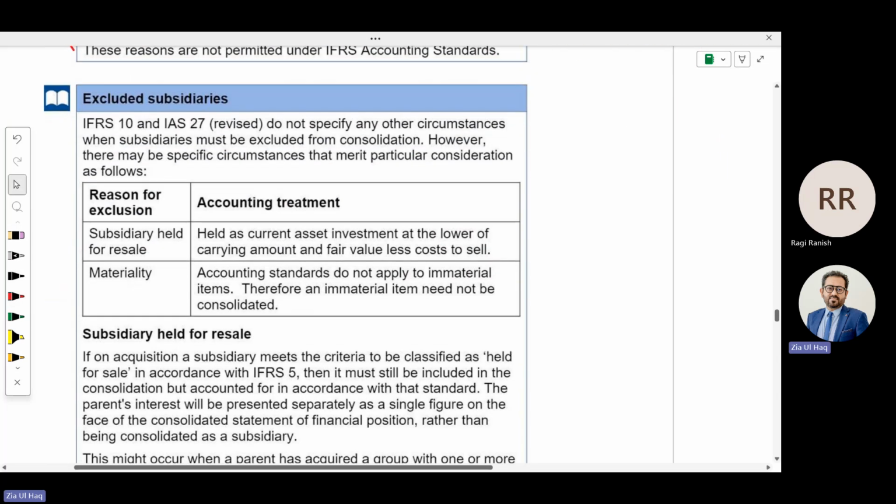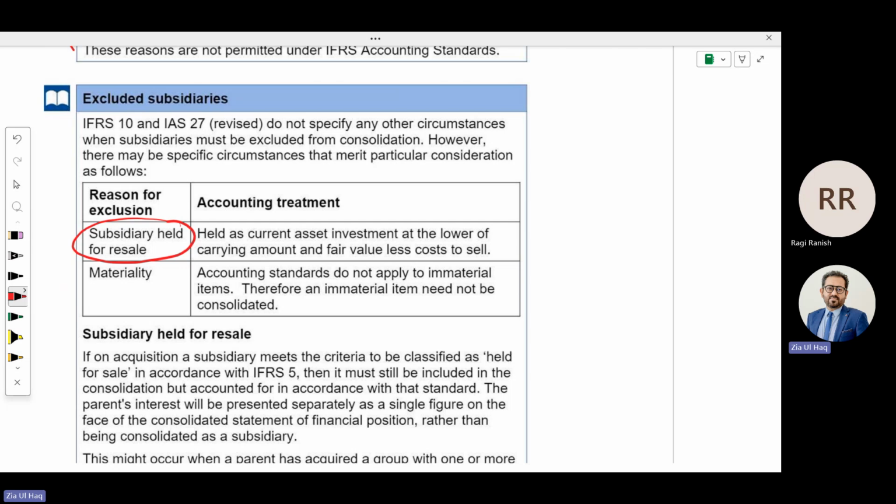Excluded subsidiaries. A subsidiary can be excluded from consolidation in 2 situations. If the subsidiary is held for resale, meaning you acquired a business for resale purposes, not to continue for the long term, then you can exclude it from consolidation.